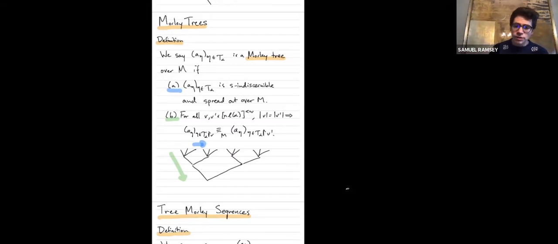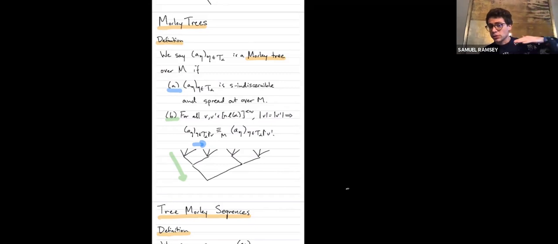So one observation to make here is that if I just think about what happens along the all zeros path, this condition B, which is highlighted in green here, will say that the things indexed by the all zeros path are an indiscernible sequence. Because what is the type of, say, the first three things in that sequence?